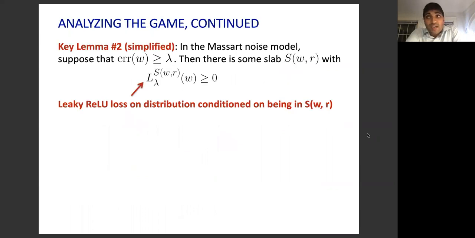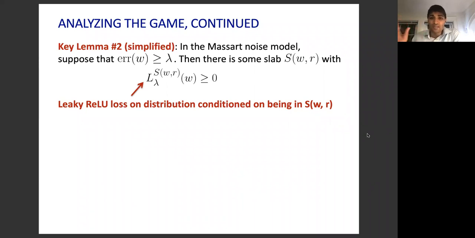So let me tell you the second lemma. This one's a little bit more involved, but what I claim is that in the Massart noise model, imagine that you have a hypothesis W and its error is large. And by error, I mean, what fraction of the data does it get wrong? So let's suppose that the current hypothesis W has the property that its error is at least some parameter lambda.